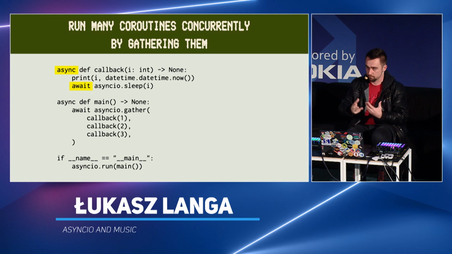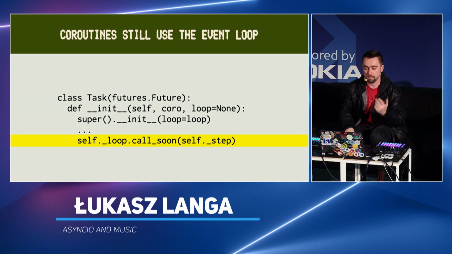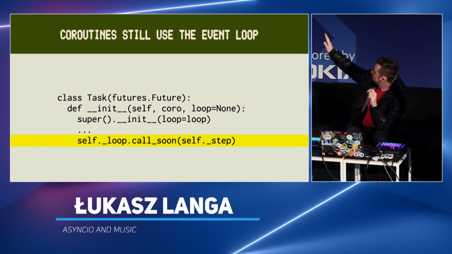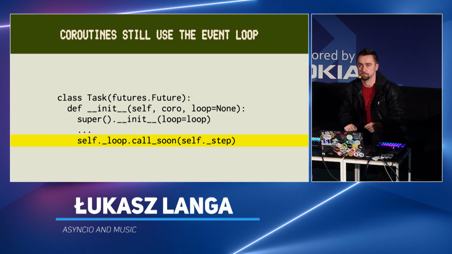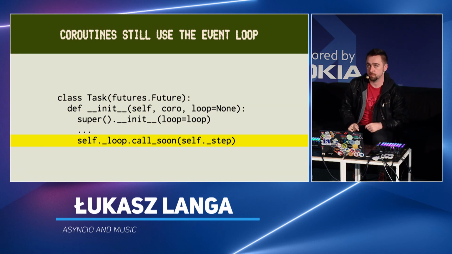They're just instantiated. And what is instantiated is a task. That task, in its init, at the very end, just says, please call soon one of the steps that I have inside. So that same call soon that I showed you at the very beginning is a building block of the coroutines. So what is that step?